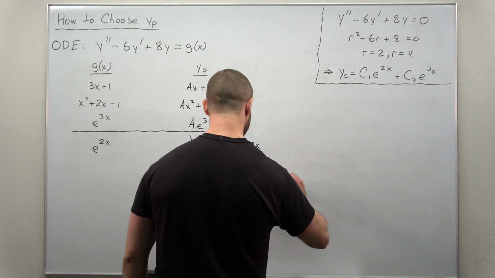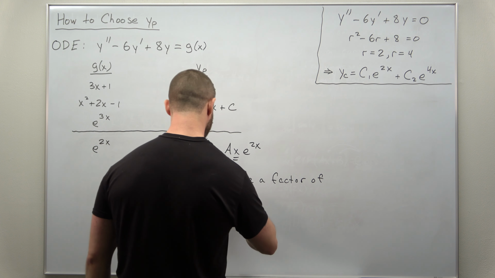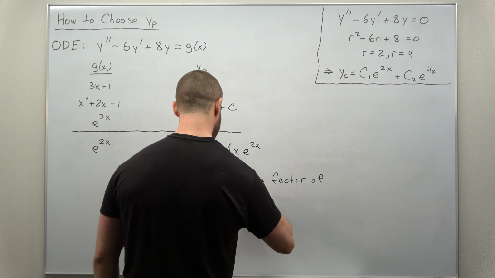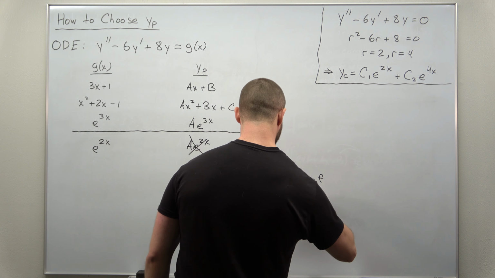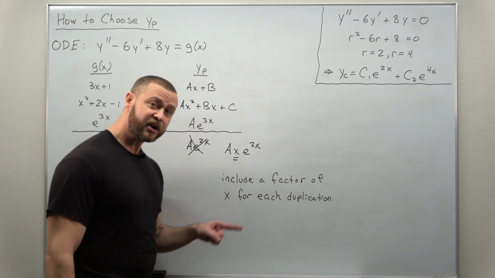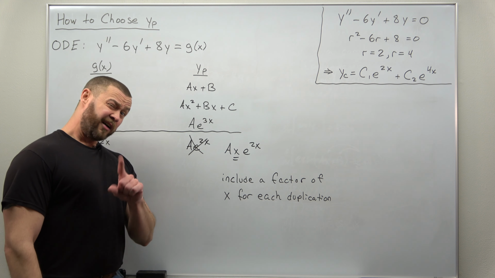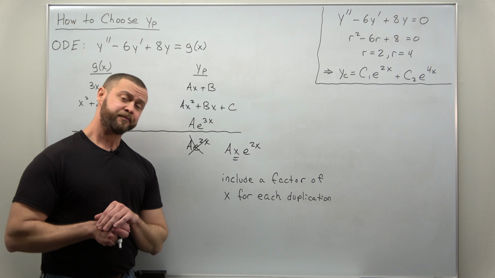So the fix here is we include a factor of x for each duplication of the form of our particular solution in the complementary solution.